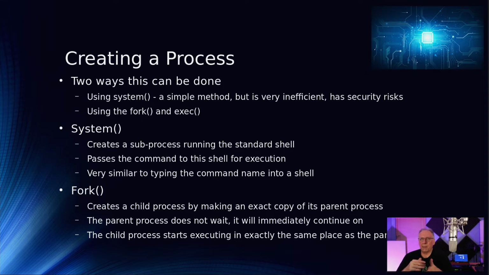So fork is the preferable method to do this because, first of all, it's more secure. Second of all, it's more efficient. And there have been operating systems that have used forking processes for a long time. You can go all the way back to Burroughs, and you can go back to some of the early IBM.